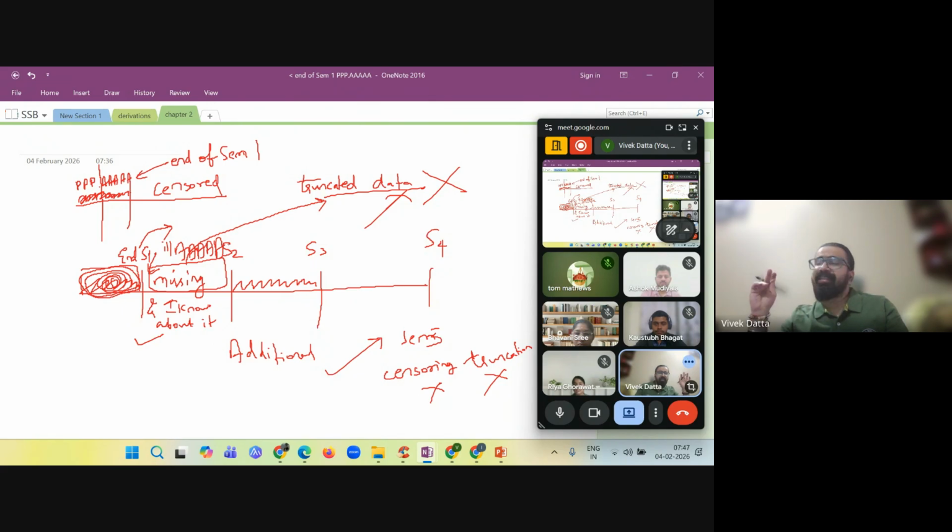Okay, and there is a big difference. Now, what is censoring? Censoring is the event that is other than the insured event. What do I mean by insured event? My area of interest of the experiment.